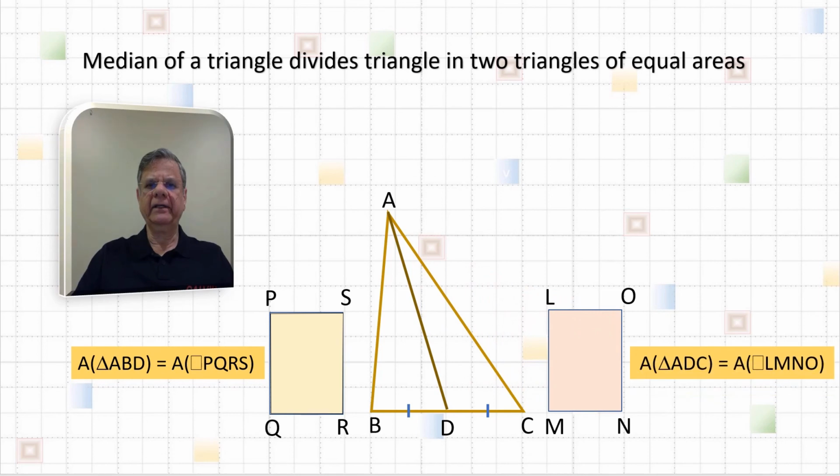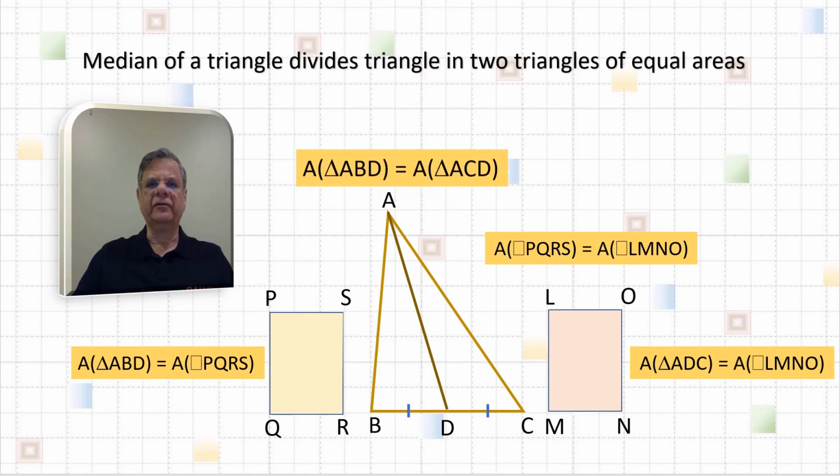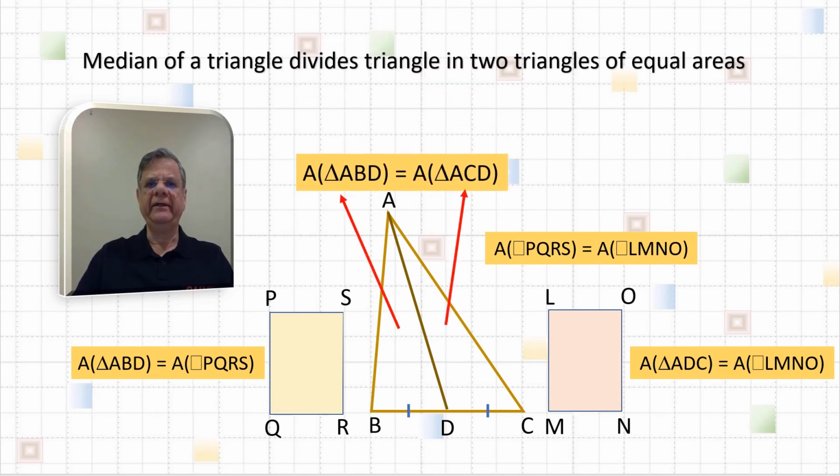Area of triangle ACD equal to area of quadrilateral LMNO. But area of quadrilateral PQRS is equal to area of quadrilateral LMNO. Therefore, area of triangle ABD equal to area of triangle ACD. Hence, median of triangle divides triangle in two triangles of equal areas.